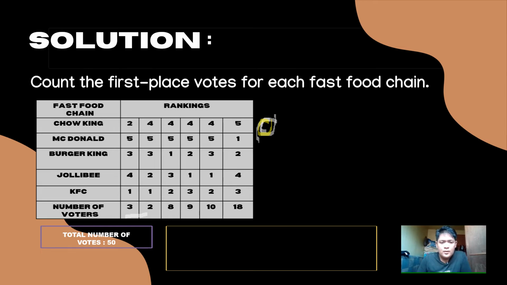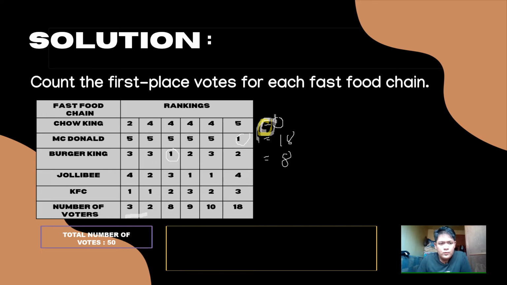So Chowking got no first choices. McDonald's got one first choice, which is equivalent to a number of votes of 18. Next is Burger King, which has one first place vote, equivalent to a number of votes of 8. Next is Jollibee.